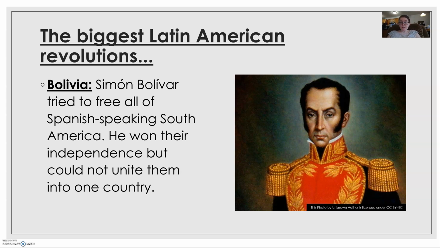The country of Bolivia ended up being named after him, and all those Spanish-speaking countries did keep their independence from Spain, but they did not actually unite like he had always hoped. But by the end of Bolívar, now the New World is basically completely free of Spanish and Portuguese influence.